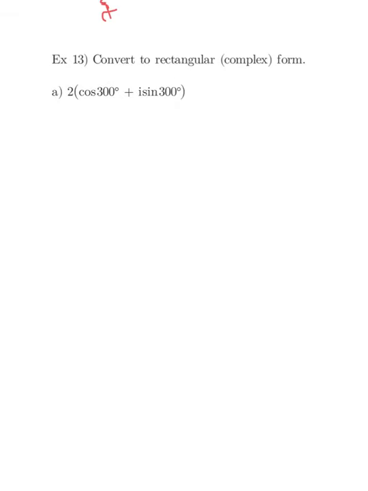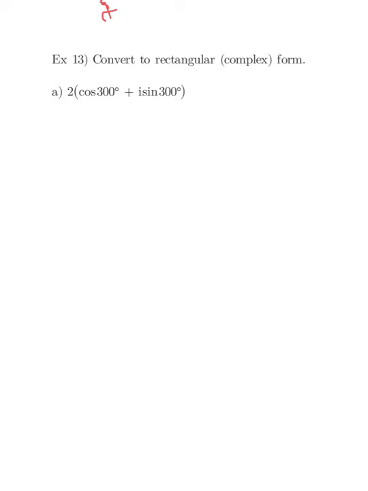On example 13, we are going to convert between rectangular and trigonometric numbers. The numbers that we are going to be given are trigonometric, and we have to convert them to rectangular or complex form. So when we look at numbers like a, 2 times the quantity of the cosine of 300 plus i times the sine of 300, our unit circle is going to come back into play, and we are just going to substitute the sine and the cosine of 300 in those parentheses.